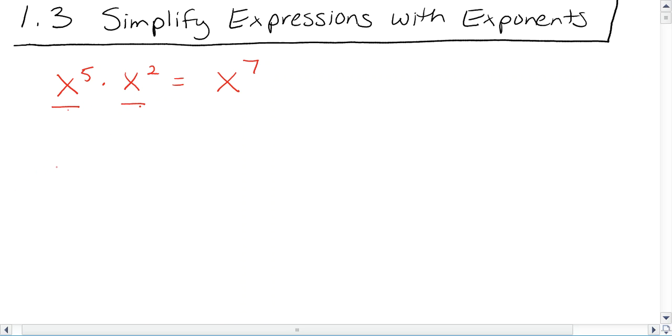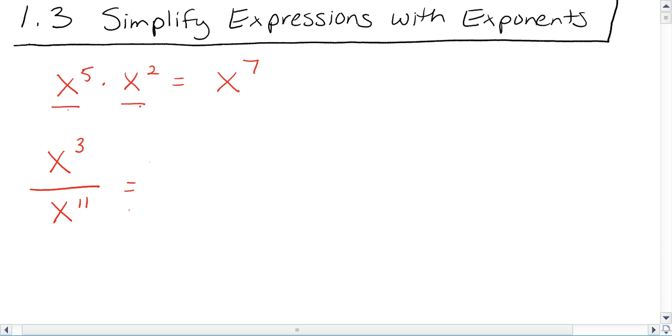Very similar to that, when you are dividing like bases, if we have x to the third and we're dividing by x to the 11th, you subtract exponents, and the question is how many are left and where are they located. If you expanded this numerator out, it would be x times itself 3 times.